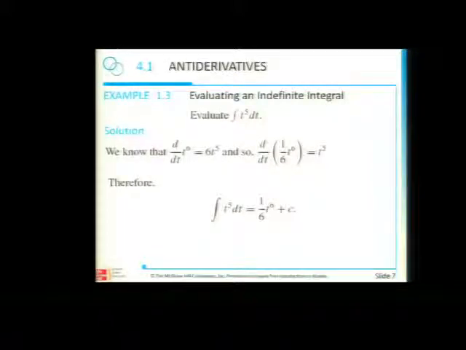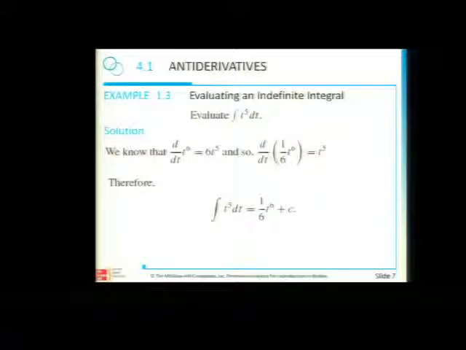By inspection, according to the power law for differentiation, when you differentiate t to the power 6, you get 6t to the power 5, isn't it? So if we divide both sides by 6, you can see that if you differentiate 1/6 of t to the power 6, you get exactly t to the power 5, which is the integrand. Therefore, this is the elementary antiderivative of t to the power 5.